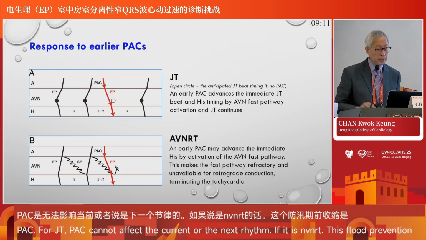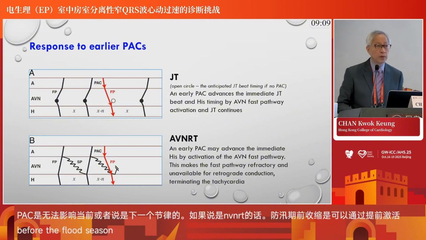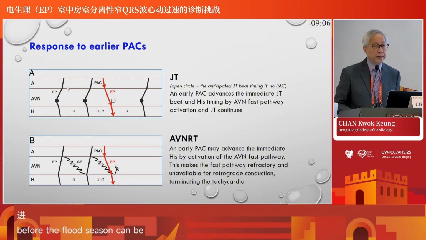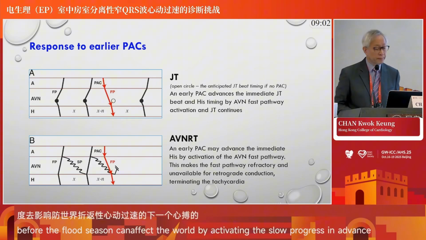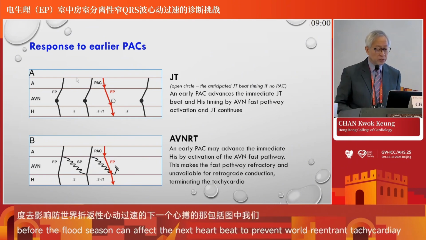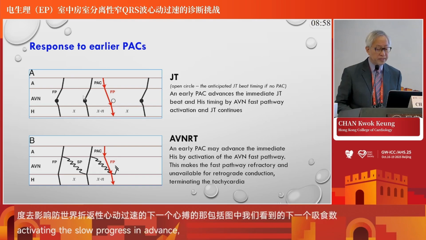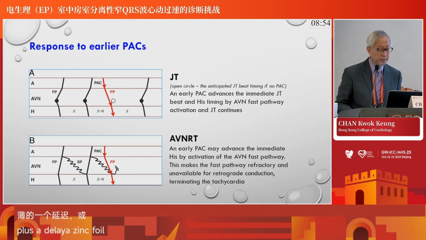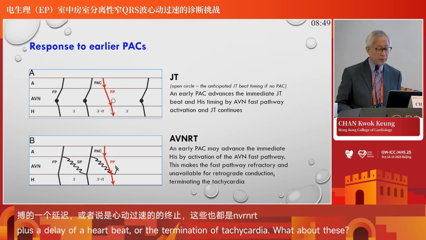Now, when the PAC gets earlier and earlier, then it can influence both junctional tachycardia and AVNRT, but in different ways. For junctional tachycardia, an early PAC advances the immediate junctional tachycardia beat or the immediate His by fast pathway activation, and then the junctional tachycardia continues.